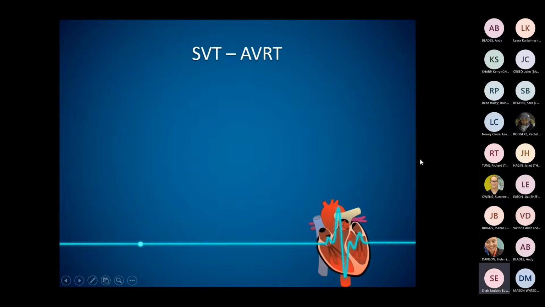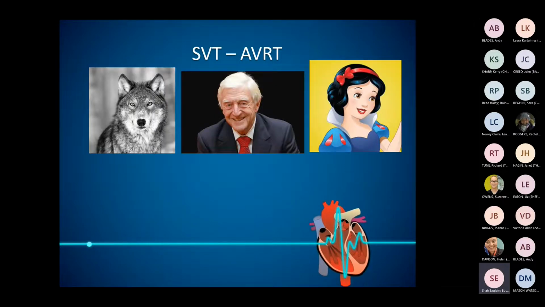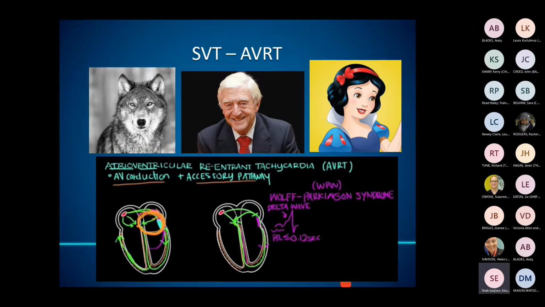In terms of other types of SVT that we're looking at, what's that? Very quickly, say what you see. Wolff-Parkinson-White. Yes. Very much a re-entrant tachycardia, and you've got this slurred upstroke of the delta wave here.